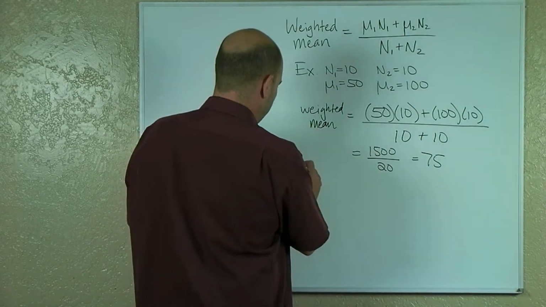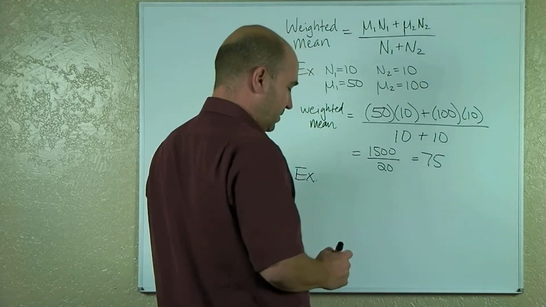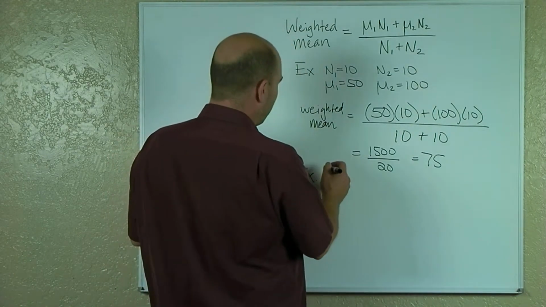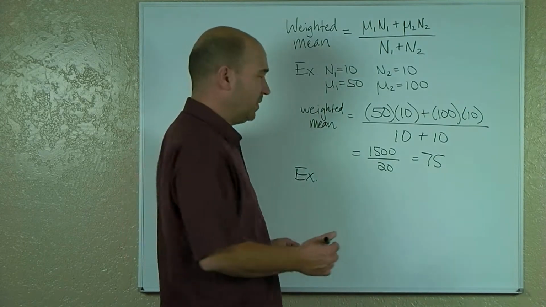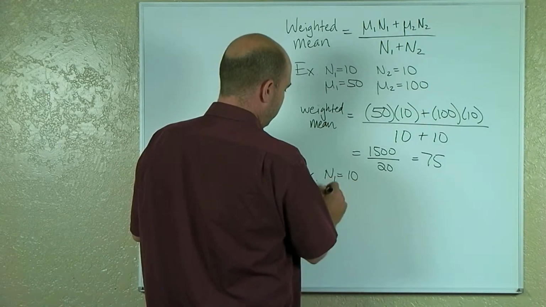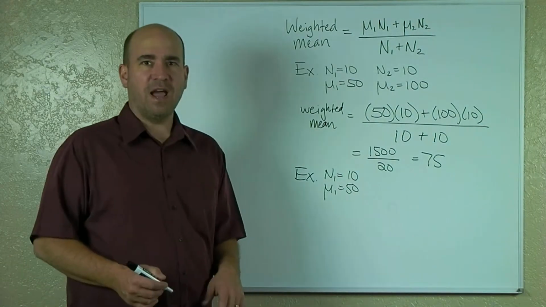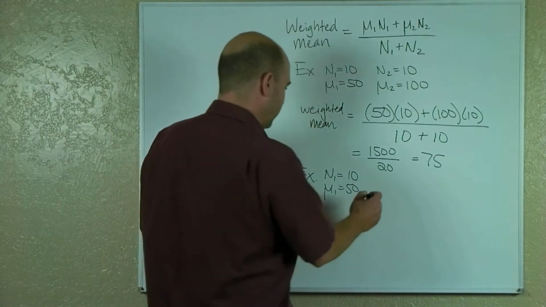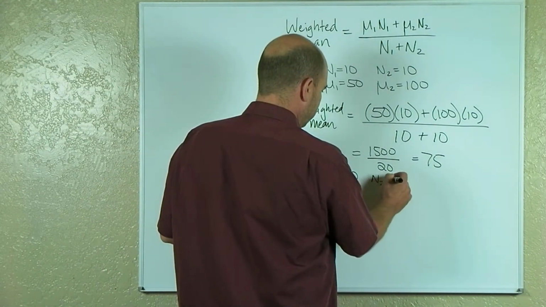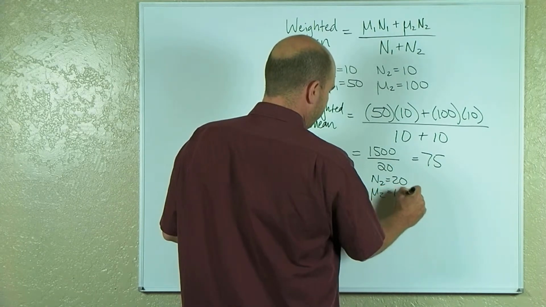Okay, as our second example, we will have unequal sample sizes, but we'll use the same means again. So I have N1 is equal to 10 with a mean equal to 50. But this time N2 will be equal to 20 with a mean of 100.